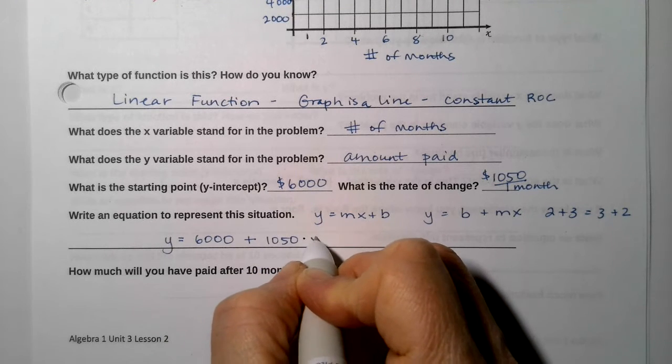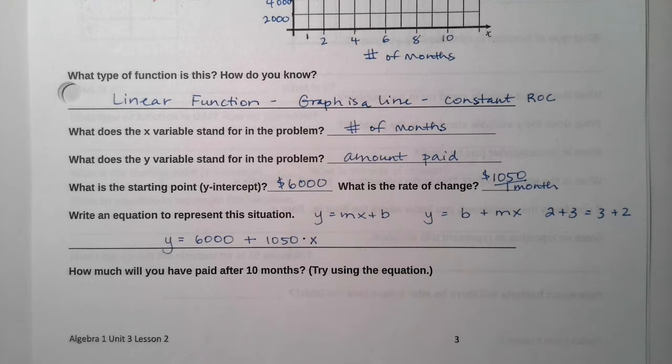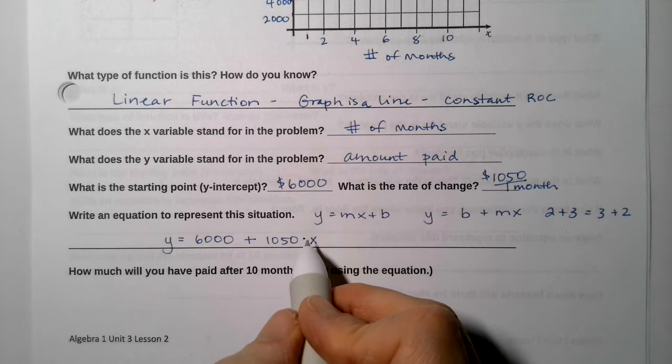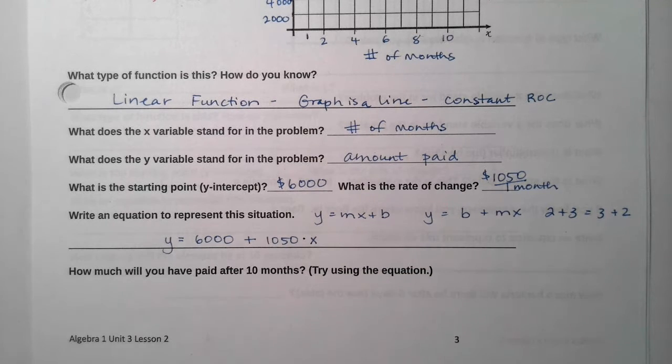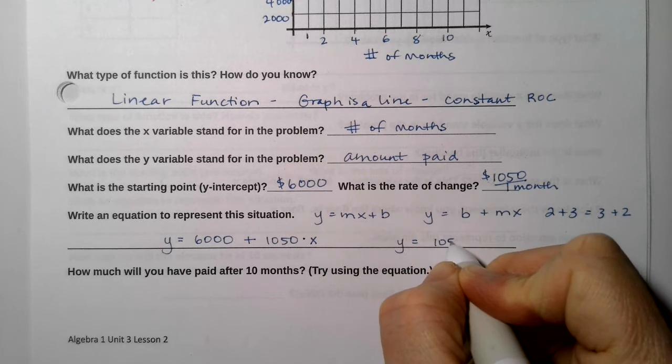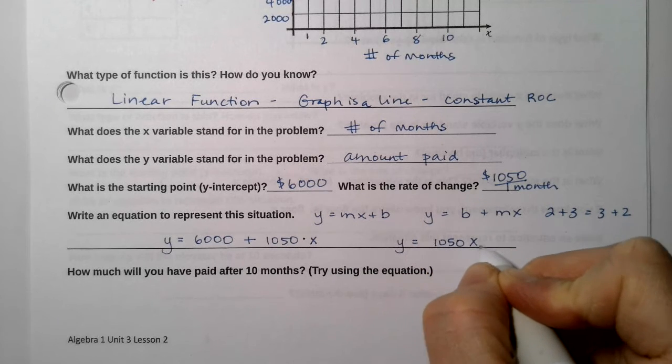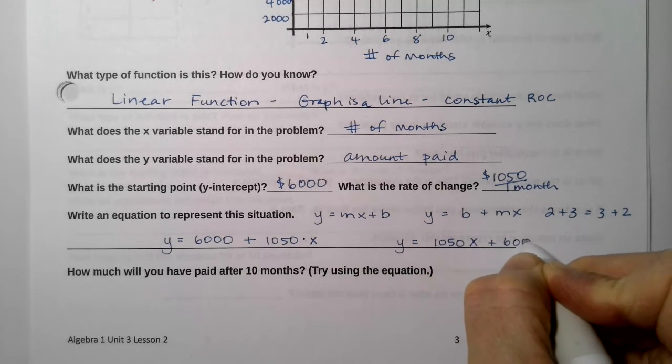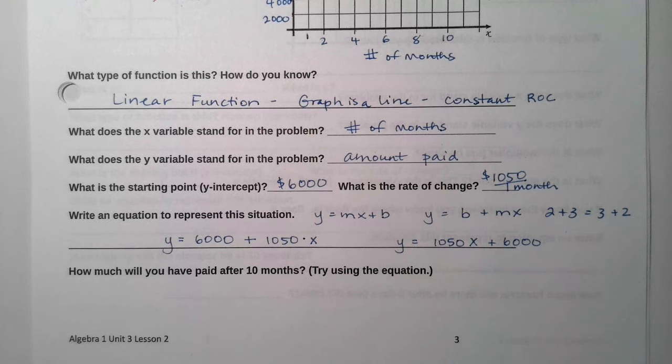And remember, x represents each month. You don't have to expressly put the multiplication, but as I was thinking through each step, I wrote that. It is also absolutely acceptable to write 1050x plus 6,000. It is the same, so you could write it either way.